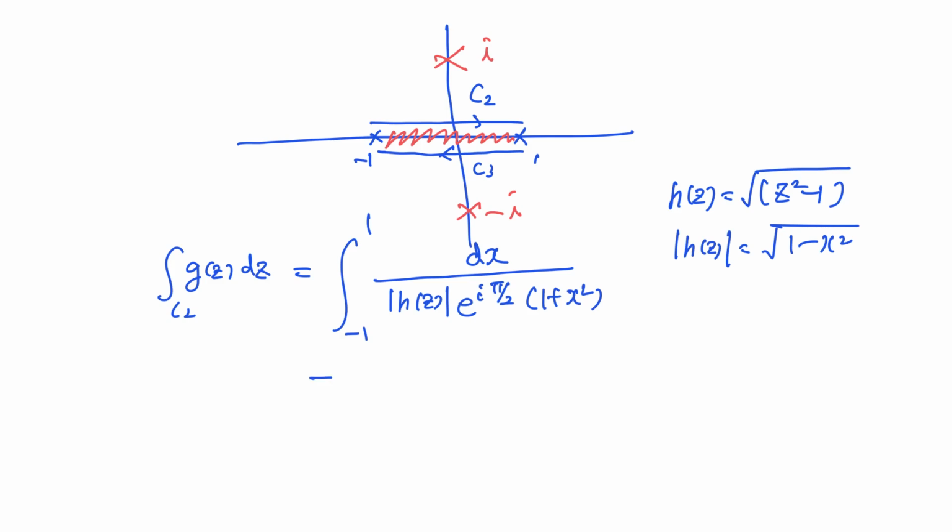So this is minus 1 to 1, square root of 1 minus x squared, over i times 1 plus x squared, dx.